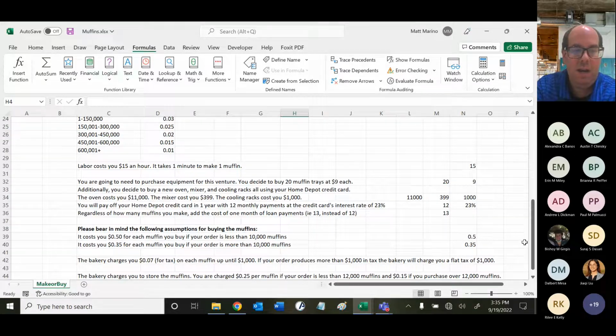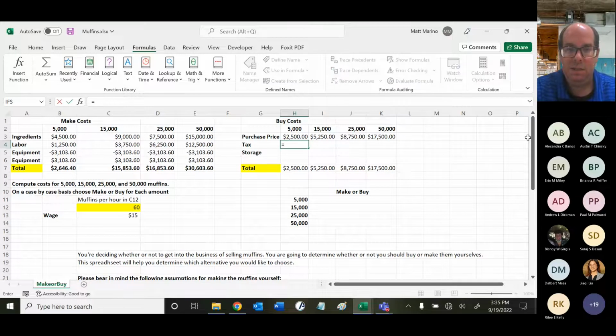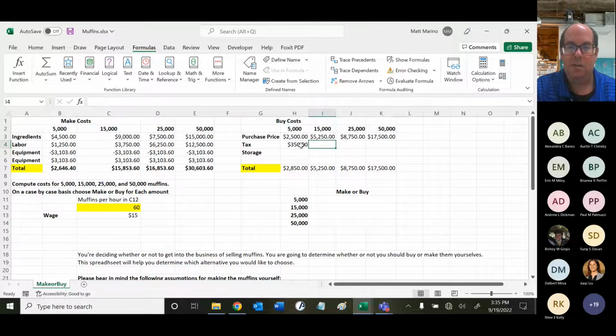All right, so next we're asked to calculate the tax. So in the video, I literally just do this: the number of muffins times 0.07, I get 350, then I autofill over.